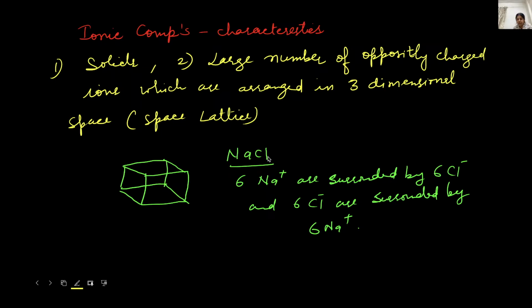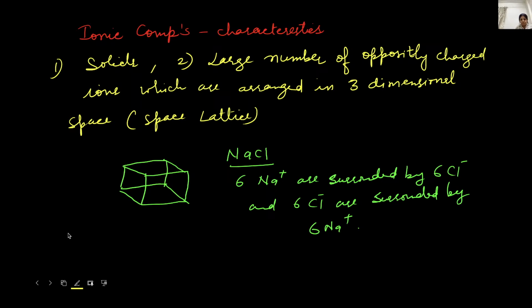Each sodium ion is surrounded by chloride ions, and each chloride ion is surrounded by sodium ions. In the sodium chloride crystal lattice, 6 sodium ions are surrounded by 6 chloride ions and vice versa. This is the example in which sodium chloride exists as a crystal lattice.